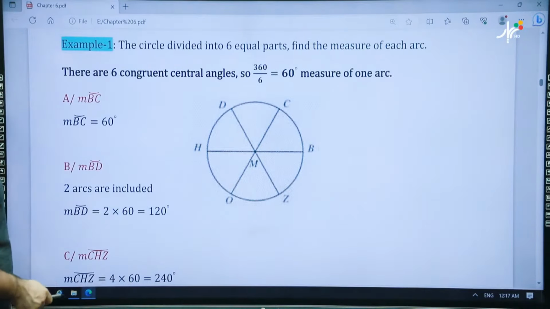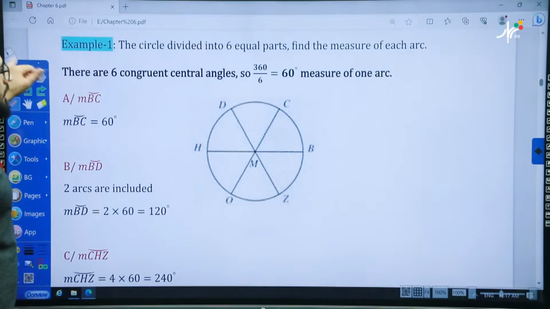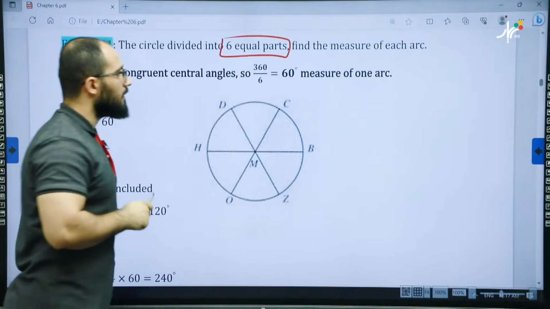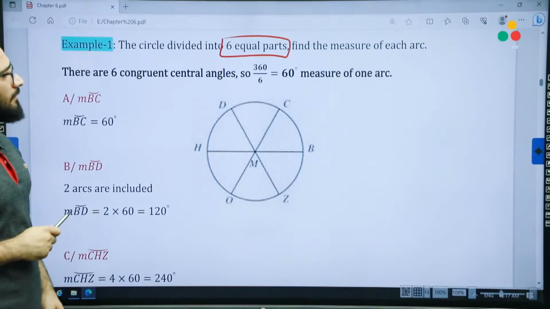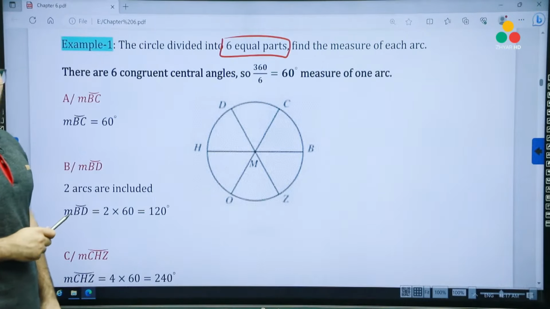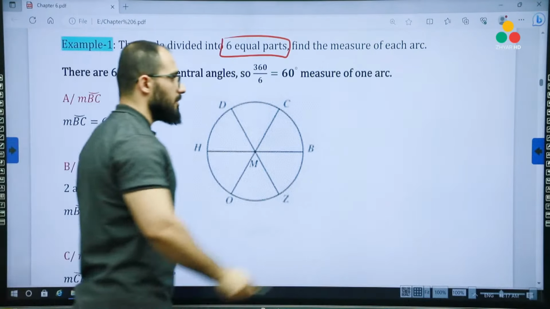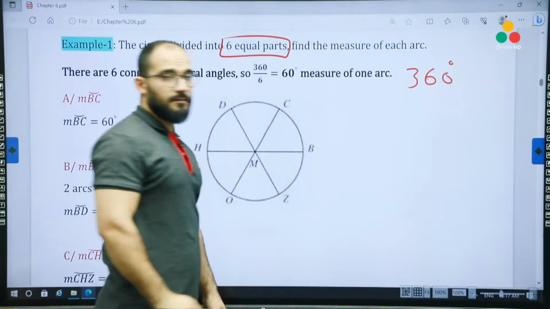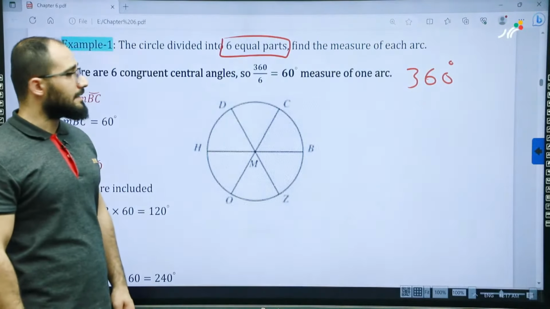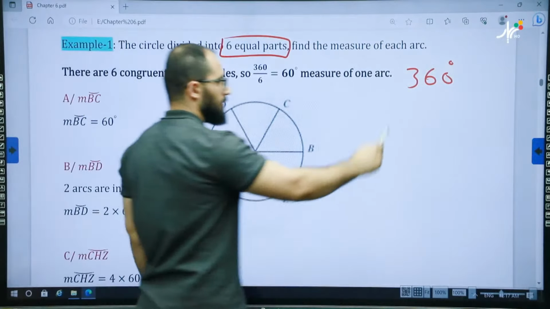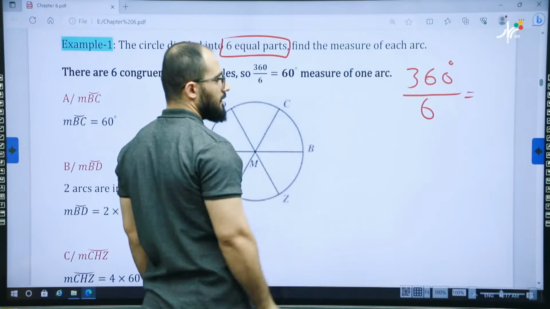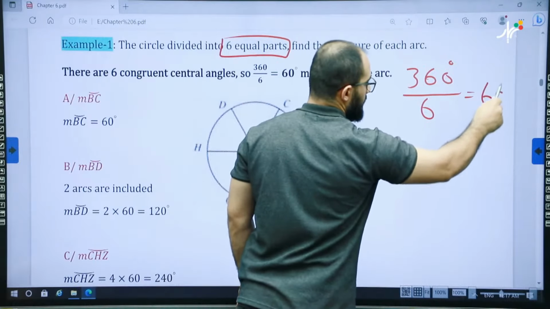Let's explain an example. Example 1. The circle is divided into 6 equal parts. This is the important part of the question. With 6 parts, find the measure of each arc. You know that the measure of the circle is 360, and the circle is divided into 6 equal parts, so 360 divided by 6 is equal to 60 degrees.